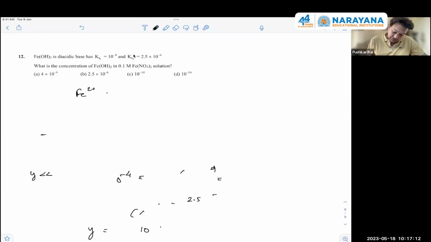Fe2 plus is there, reacting with H2O, forming FeOH plus H plus, and FeOH plus H2O changing into FeOH twice plus H plus.